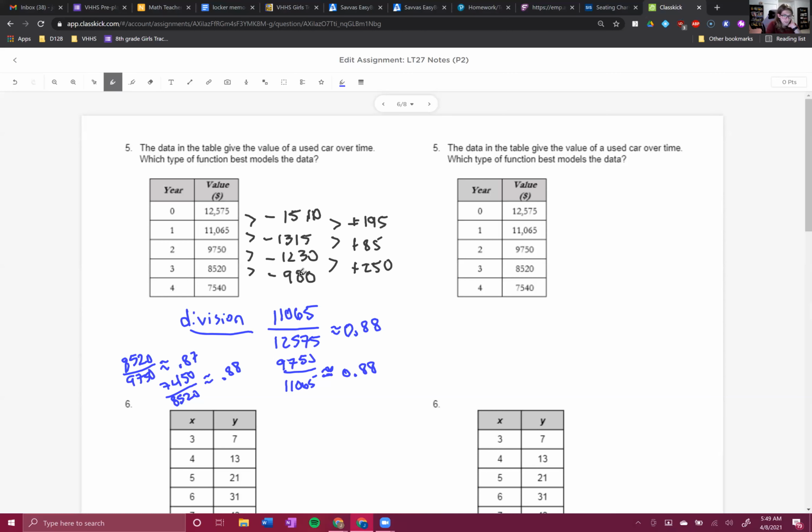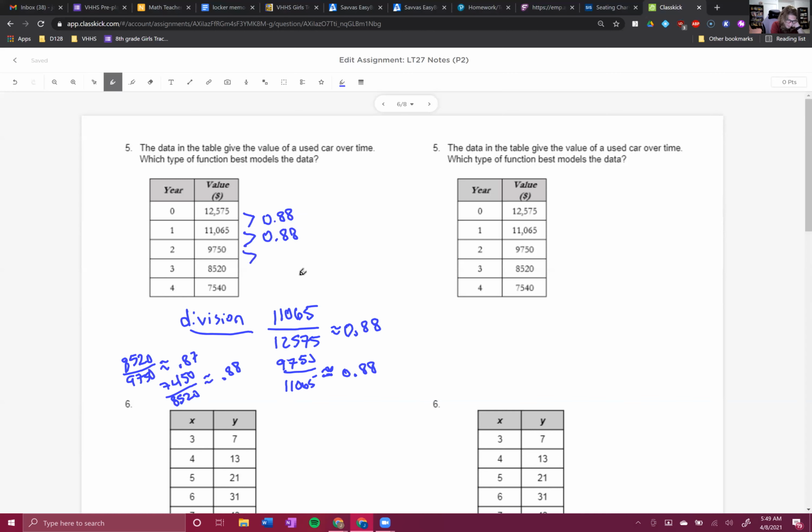So if we get rid of our first and second differences, where we're adding and subtracting, what number do we multiply 12,575 by to get to the next one? If you multiply by 0.88, you'll get about that number. And if you multiply 11,065 by about 0.88, you get about 9,750.